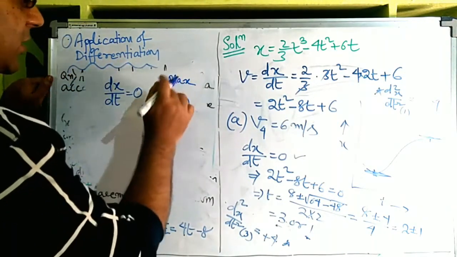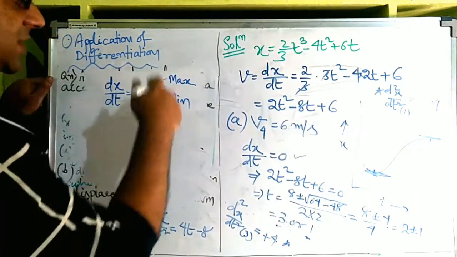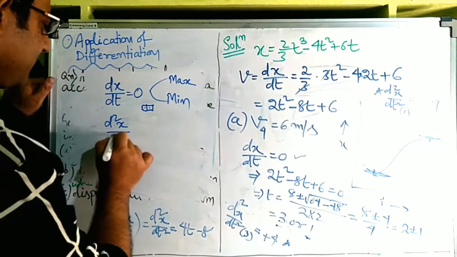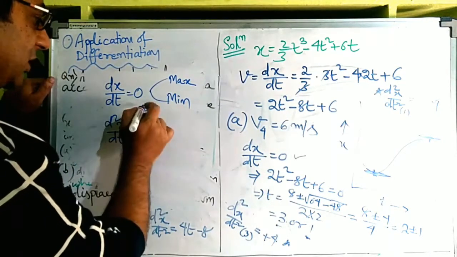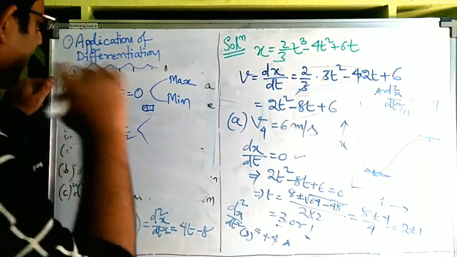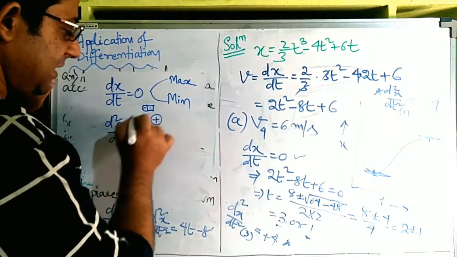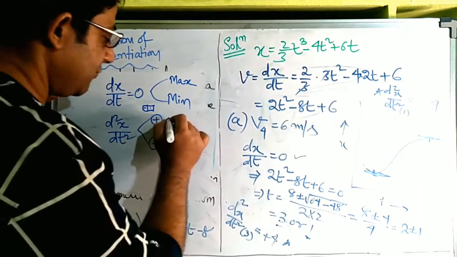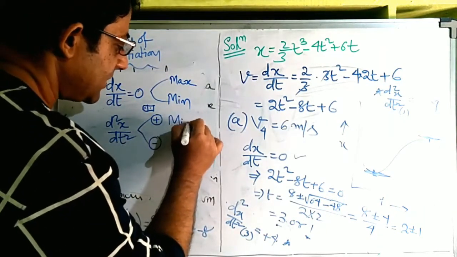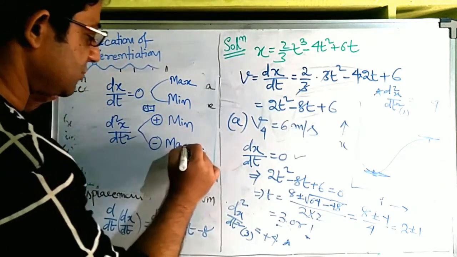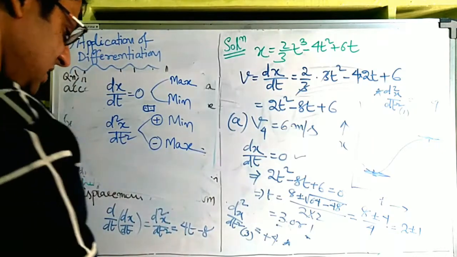But to find what exactly is maximum and what exactly is minimum, we'll find d square x by dt square. When we put these values in d square x by dt square, two possibilities are there. Either it may come positive or it may come negative. If positive comes, we will call that a minimum. If negative comes, we will say x to be maximum. This is the trick.